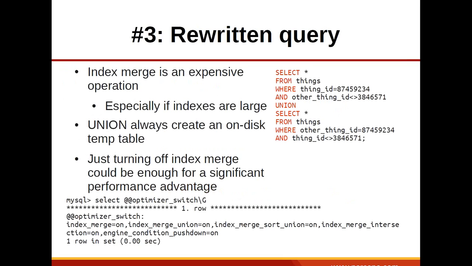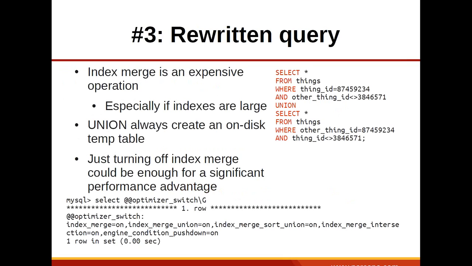Union, on the other hand, always creates an on-disk temporary table. Basically, most likely, if you have large indexes and you are using index merge on large indexes and your result set is small, it's better to do that with union.